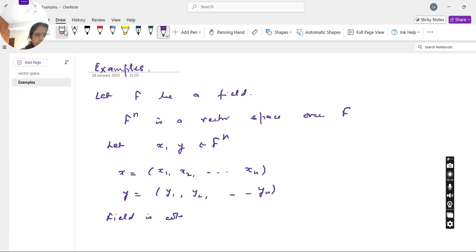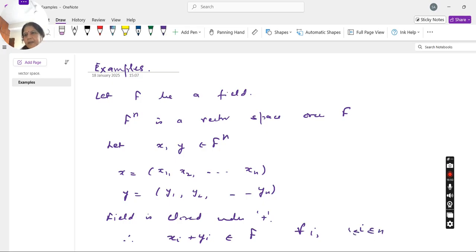Field is closed under addition. Therefore, xi plus yi belongs to F for all i, where i lies between 1 to n.